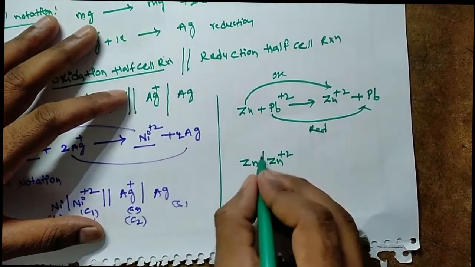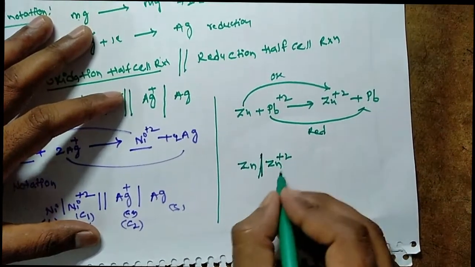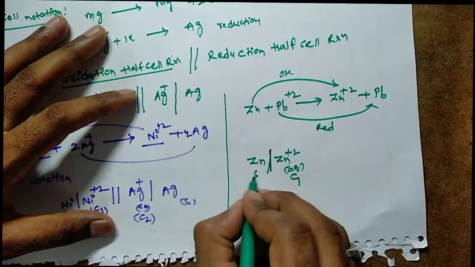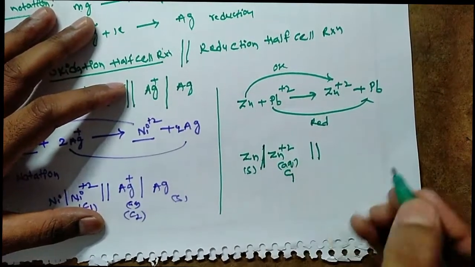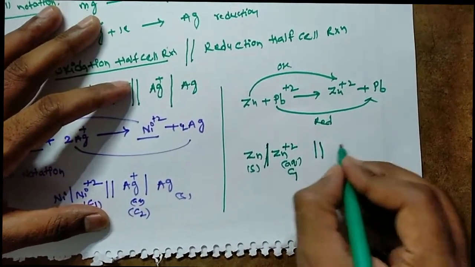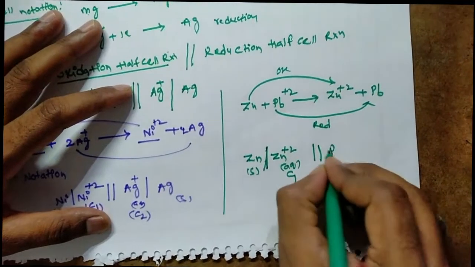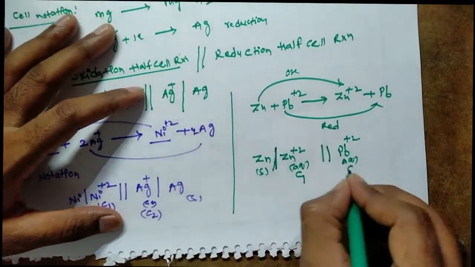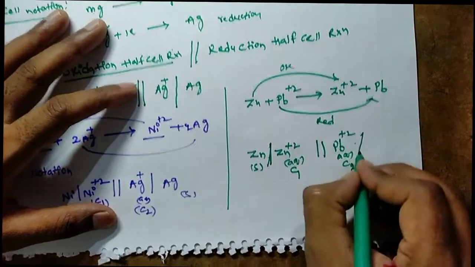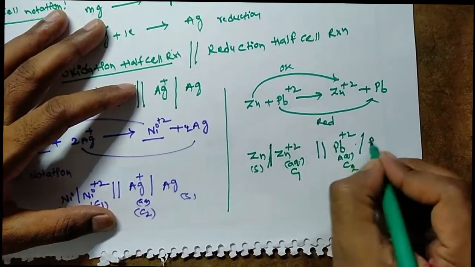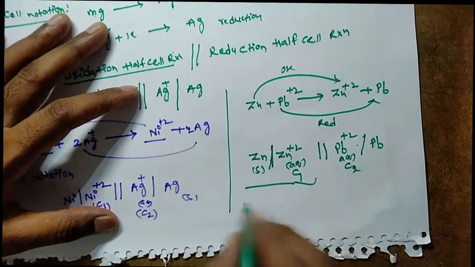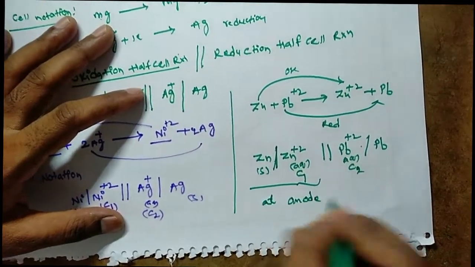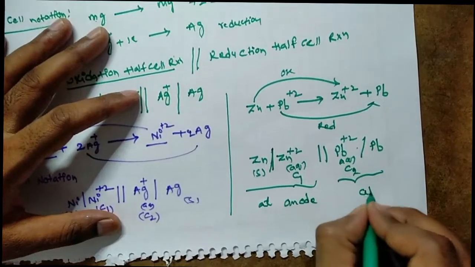Zn, the vertical line indicates the electrode, this is the aqueous medium, concentration C1. This is a solid, and the double line is the salt bridge. The next one, the reduction reaction: Pb2+ aqueous, concentration C2, electrode converted to Pb. So this is at the anode, this is at the cathode.